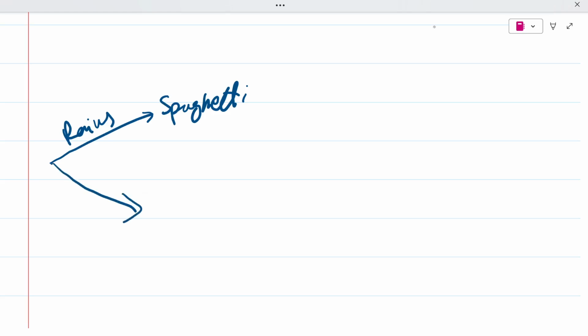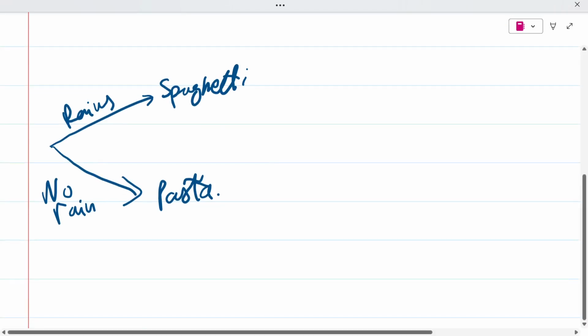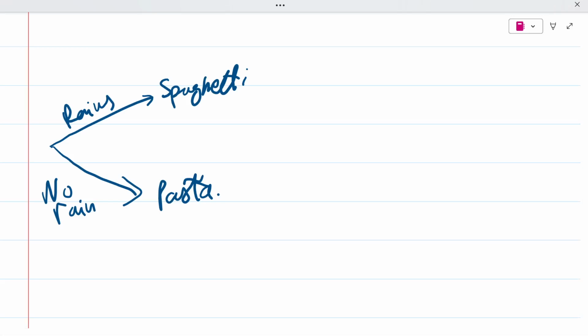If it doesn't rain, no rain, I will eat pasta, right? This kind of thing is what you call a tree diagram. It's just that instead of writing just rain and no rain, we're also going to write the probabilities of the rain weather. This is why we call it a tree diagram or probability tree diagram.